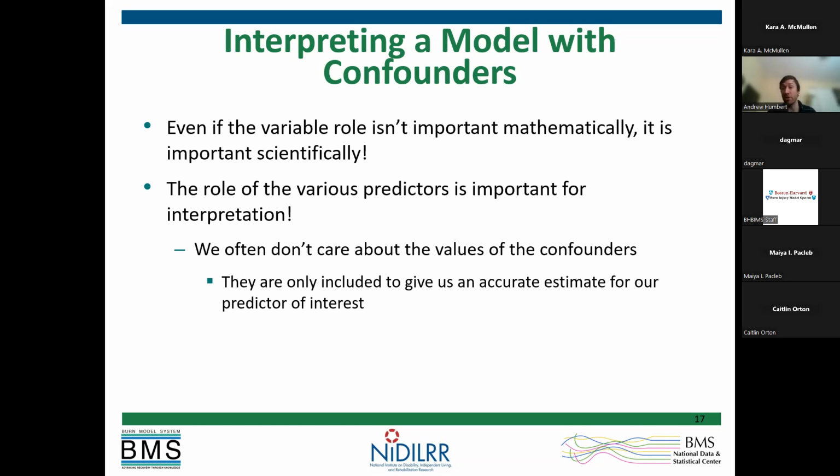For confounders, the focus isn't interpreting the impact of the confounder on our outcome. We include the confounder to make sure we're getting as accurate an estimate as possible for our predictor of interest. So our focus is often only on the predictor of interest, and the confounders are there to ensure that estimate is accurate, not something we look at in isolation on its own.